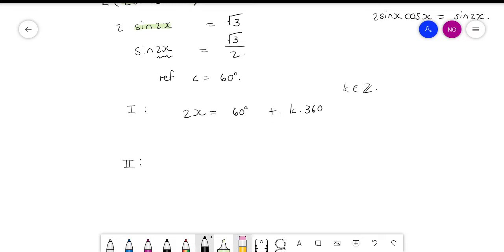Where did we get that 2 from? We just converted it to sine of 2x. Okay, so in other words, in the first quadrant, x is equal to 30 plus k times 180 degrees. And we'll solve it now. Ons gaan nou aangaan en sê, kom ons gaan werk uit wat is die actual waardes van x tussen min 180 en 360. We'll get there now.